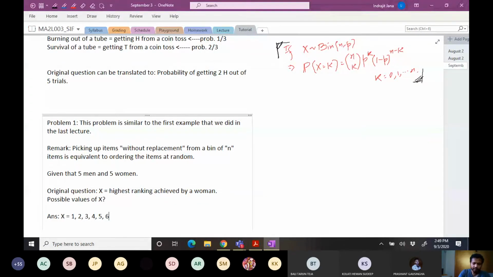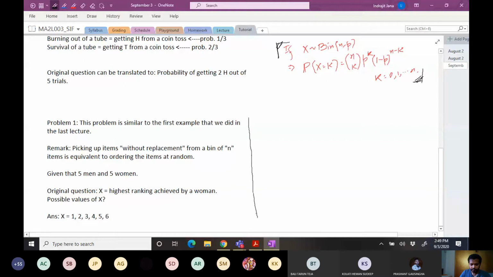Okay. So how do you figure out the probabilities? Again, I'm going to take the same approach as I did in yesterday's example. So let us define these events. If you try to find similarity with the previous day's example, it will be even more clear.